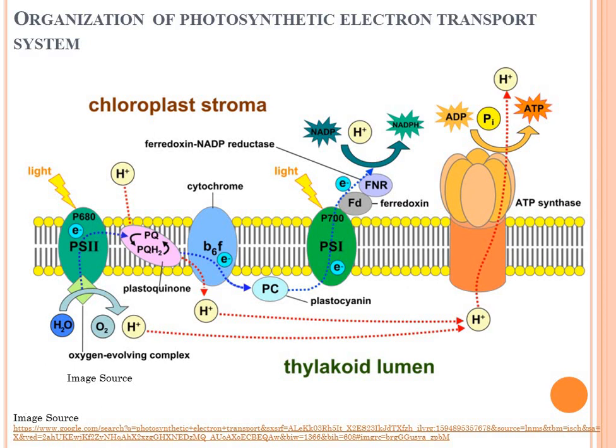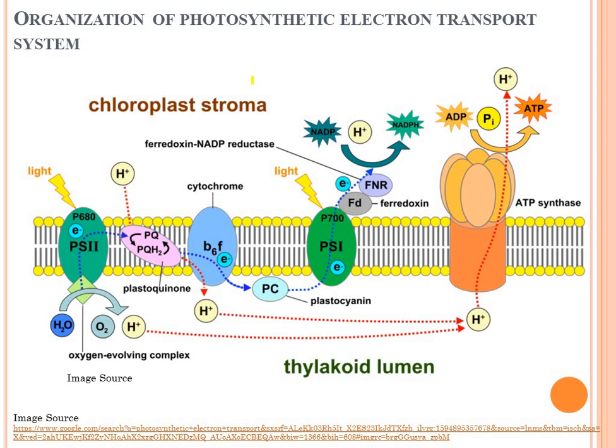Then see the organization of the electron transport system. I already told you there are two parts of photosynthesis: the photo part and the synthesis part.